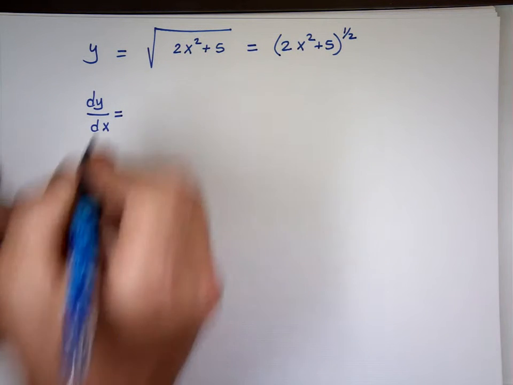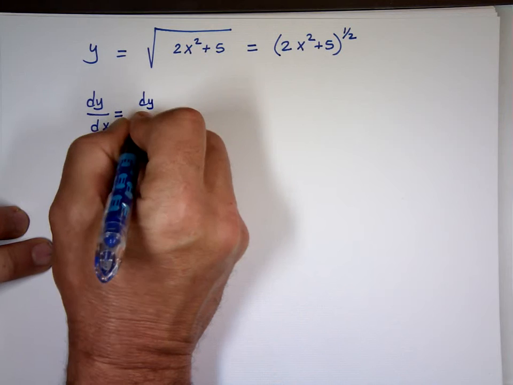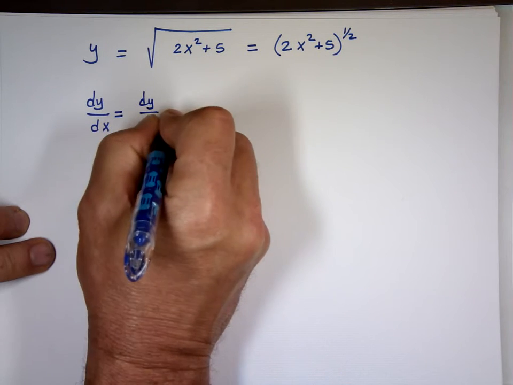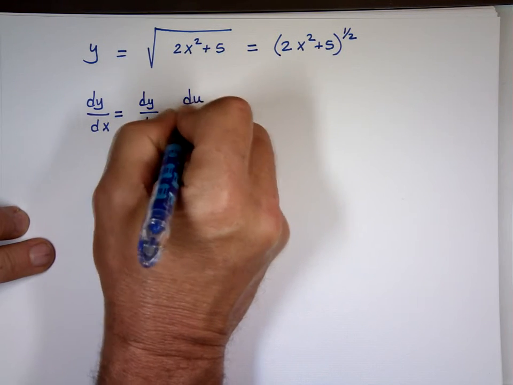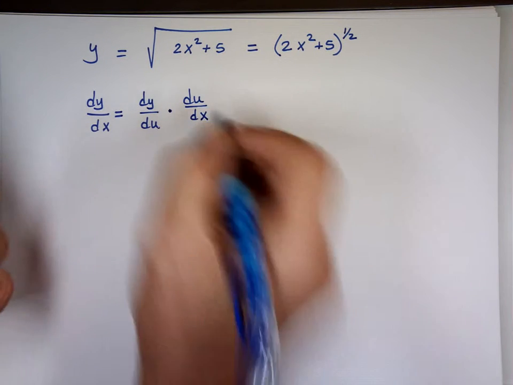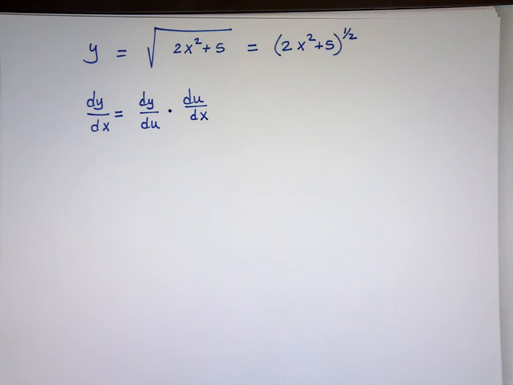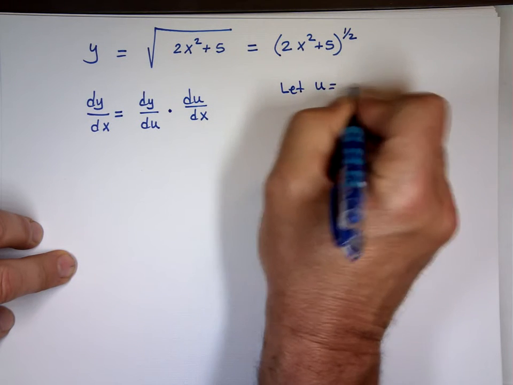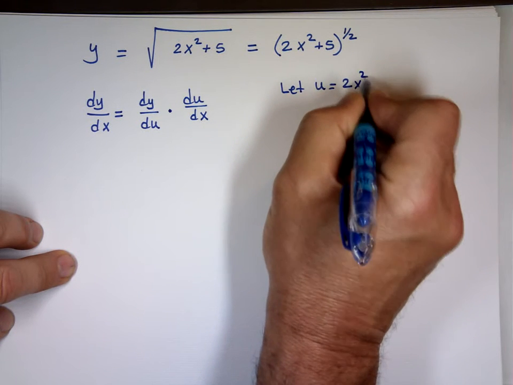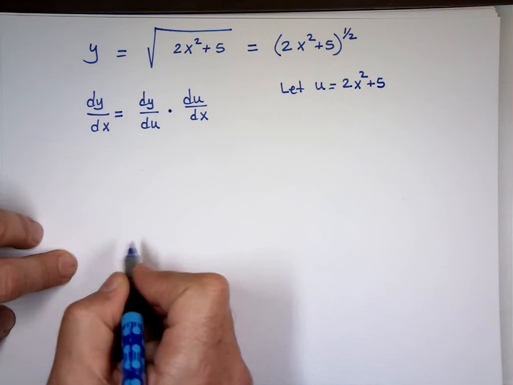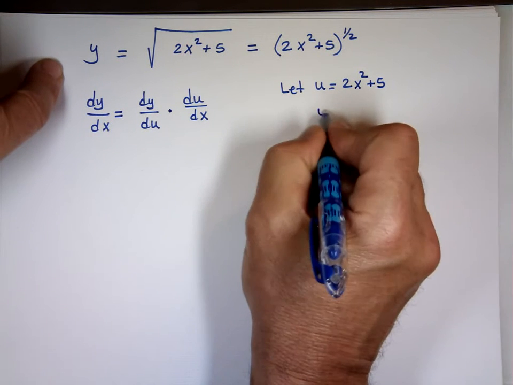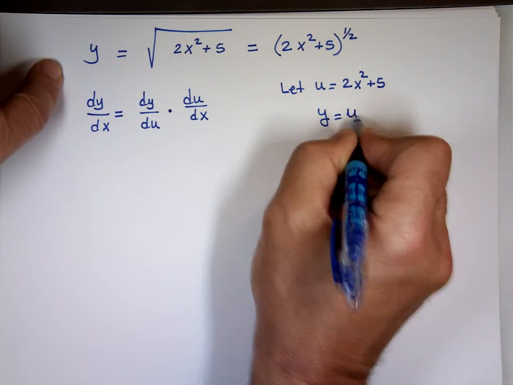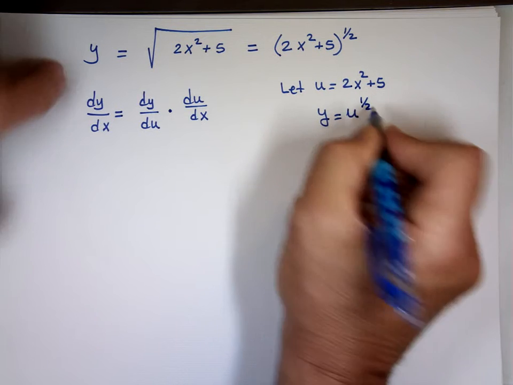dy/dx, we said that's dy/du times du/dx. So let u equal 2x squared plus 5. If you do that, then y will be written as what? u to what power? 1/2.